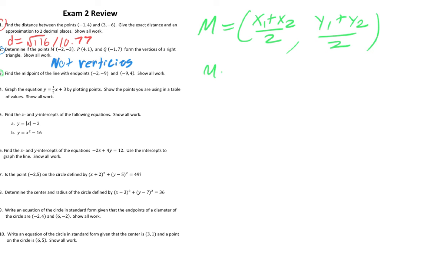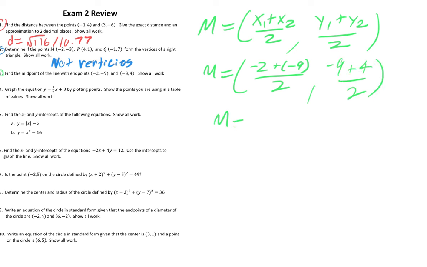So our midpoint is going to be x1, which is -2, plus -9 over 2, and y1, -9, plus 4 over 2. We simplify this down, and we have M is equal to (-11 over 2, -5 over 2). So this is going to be our midpoint for those 2 points.